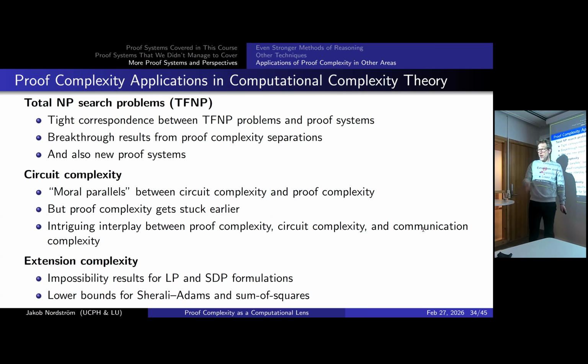And you can ask, can this help me to solve the problem more efficiently? You get to questions like extension complexity, and there have been very strong results that are in some sense basically proof complexity results.